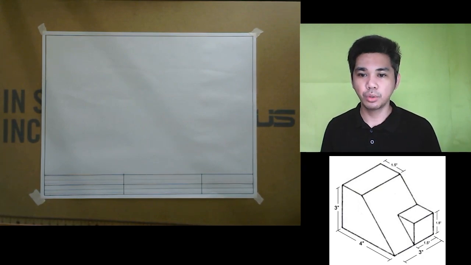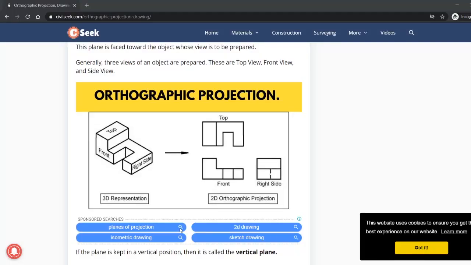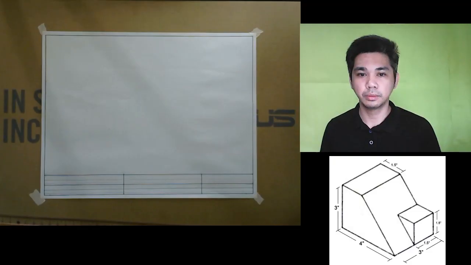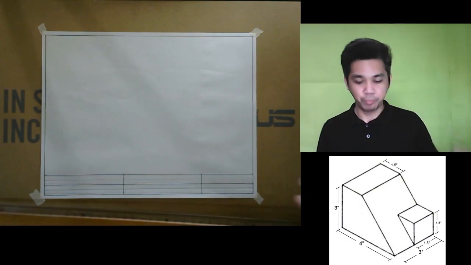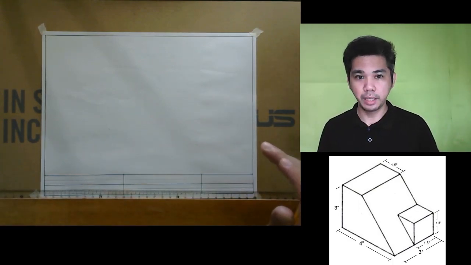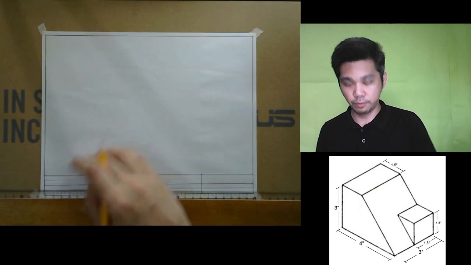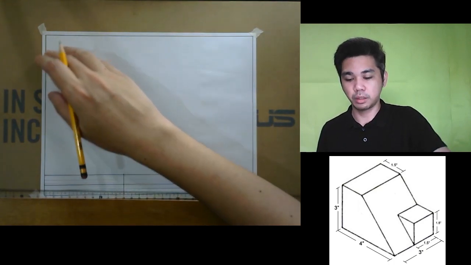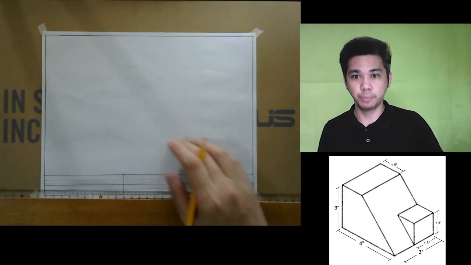So again, let me show you the example of a final output. We are going to create something like this. We will create first the front view, followed by either the top view or the right side view. So we are going to place our front view here, our top view here, and the right side view here.